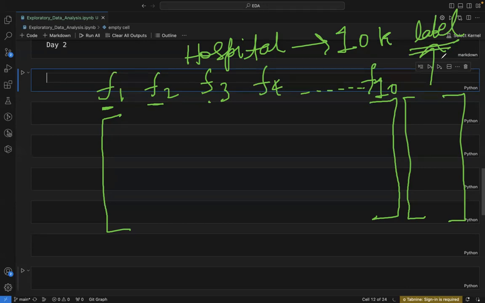So for each patient, we have a response label or class label. This is called the response label or class label, which shows whether the patient has diabetes or not. I want to find whether this patient has diabetes or not. Fine. This is my response label.